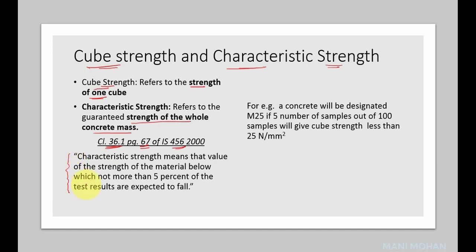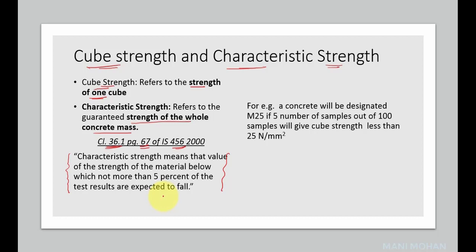It says, characteristic strength means the value of the strength of the material below which not more than 5% of the test results are expected to fall. That is, the probability of a test result being lower than the specified characteristic strength is 5 in 100.